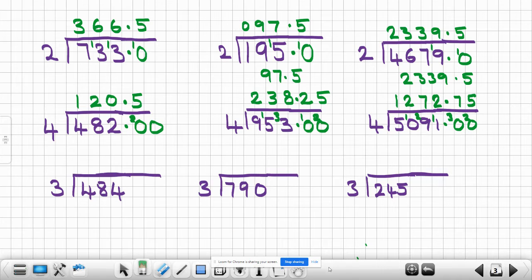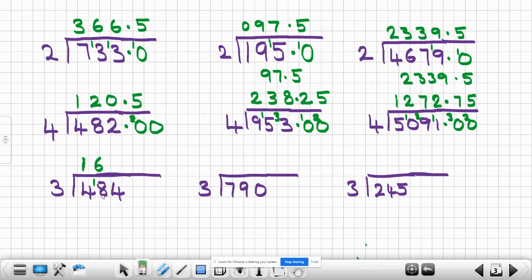Let's change colour. How many 3's in 4? Well, we can get 1 and we would have a remainder of 1. So now we're going to say, how many 3's in 18? There are 6 3's in 18. I'm going quite quickly with the multiplication, but as I've said before, you can pause if you need more time to think about that.